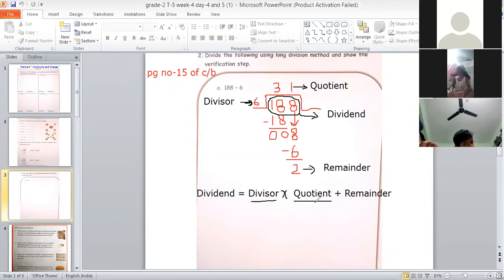After multiplying, you have to add the remainder to it. If you get the same number back which you were dividing earlier, then you have solved this question correctly, okay? Let me tell you by solving this question now.